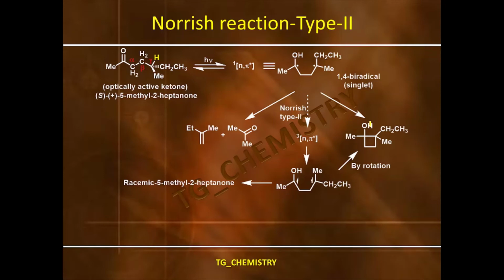It can form the cyclobutanol system, so the recombination of the biradical eventually will lead to the cyclobutanol system. This is possible. Or if the Norrish Type 2 reaction proceeds, then the singlet to triplet excited state transition will follow, and the radicals will have the same spin mode, and the product, racemic 5-methyl-2-heptanone, will be the major one.